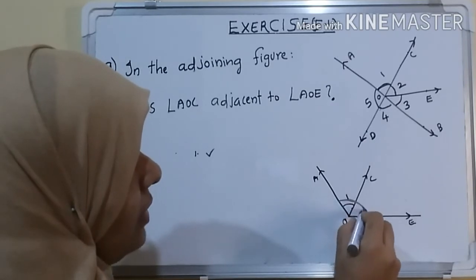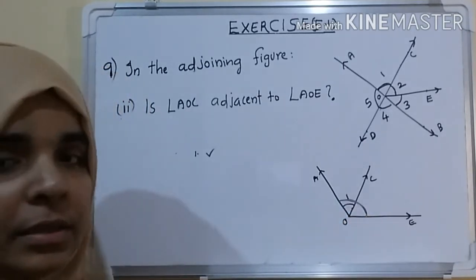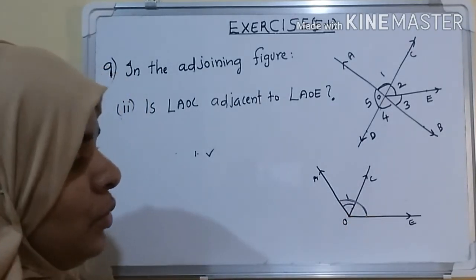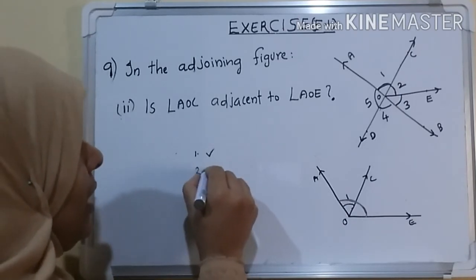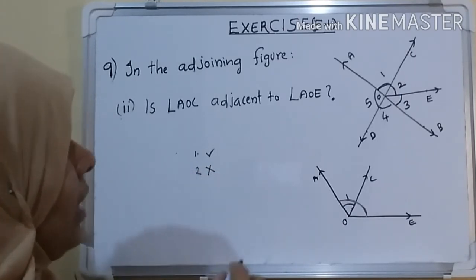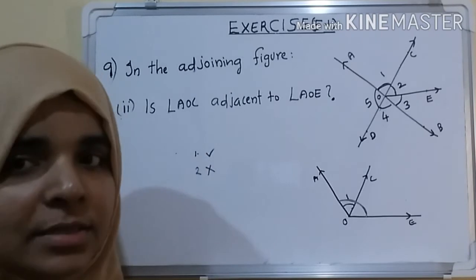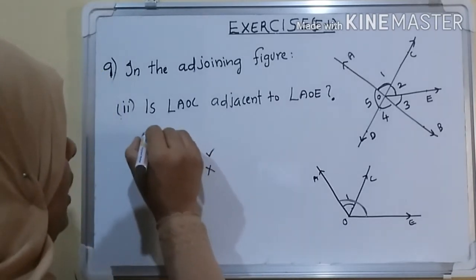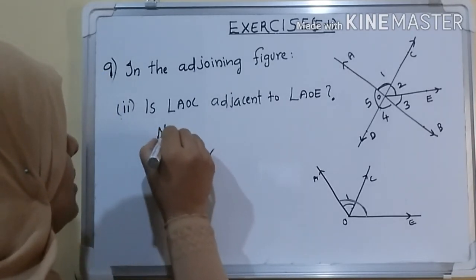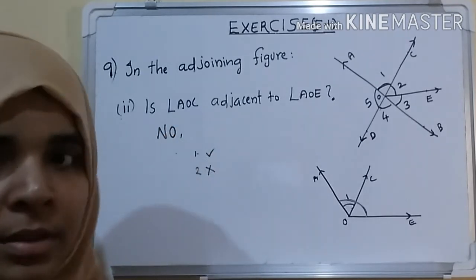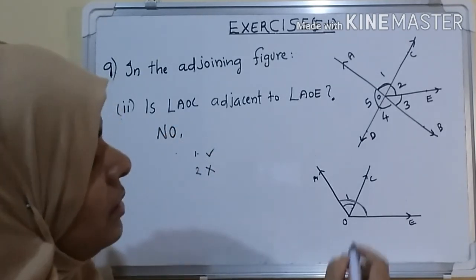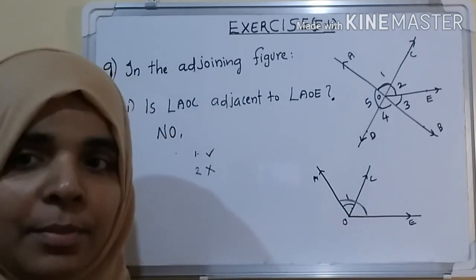This AOE is the big angle. Is there any common arm? No. So we can say that angle AOC is not adjacent to angle AOE. So our answer is no. Understood? Because there is no common arm.